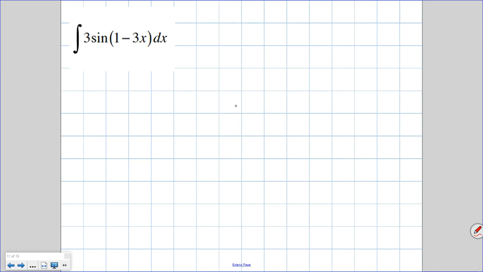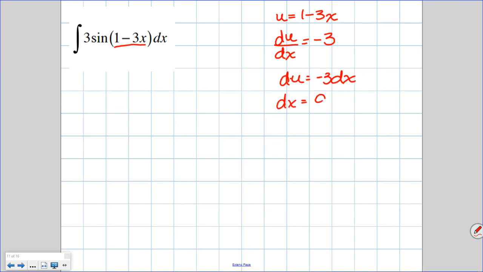So here I'm going to say that u is 1 minus 3x, which means du dx, the derivative of that, is negative 3. If I solve that for dx, then I will get that dx equals du over negative 3.